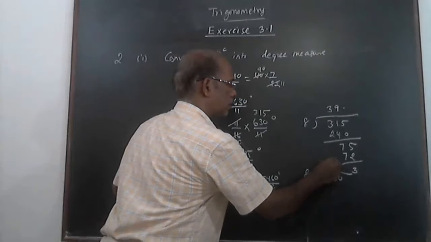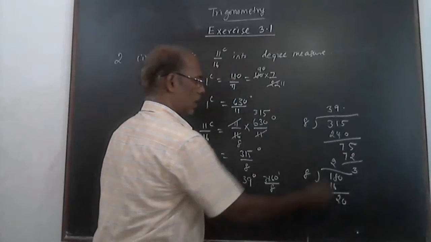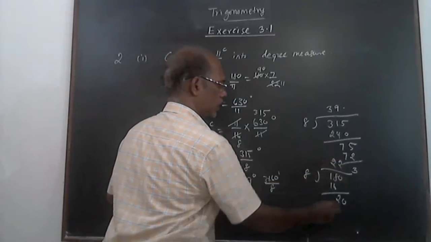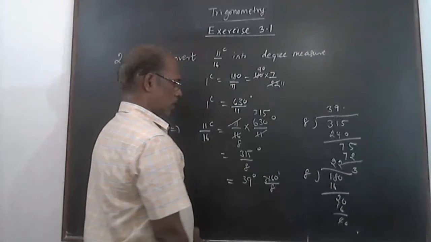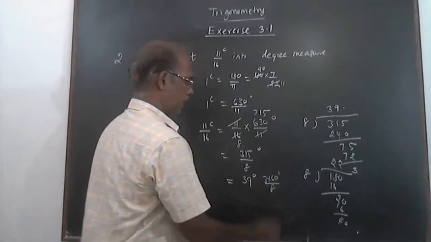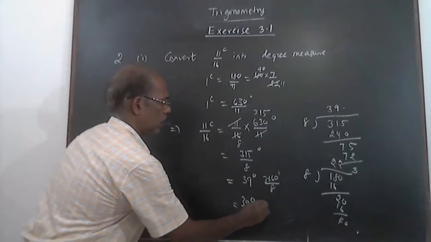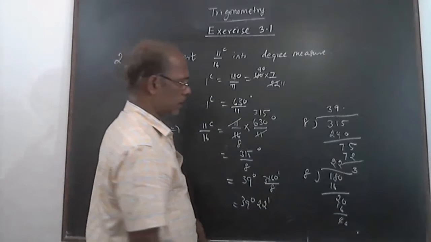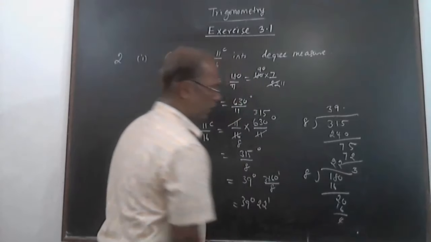2 times 16, 20. Again 2 times 16 and 4. So 22 minutes. 39 degree, 22 minutes, and remainder 4.